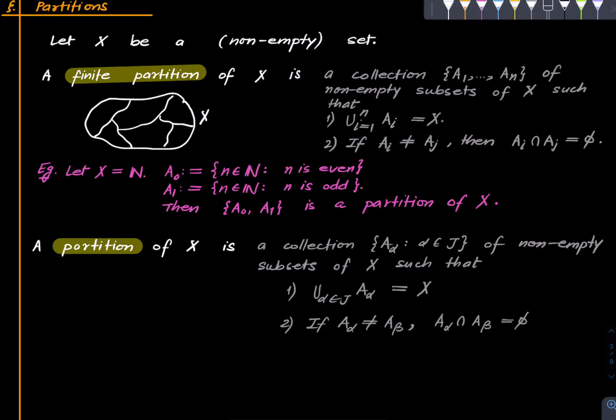It would be difficult to draw a picture for a true infinite partition, so I won't do it, but I will give an example, a very trivial example. Let X be any set, then the collection of singletons is a partition.